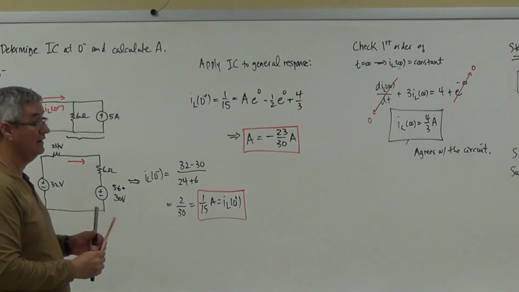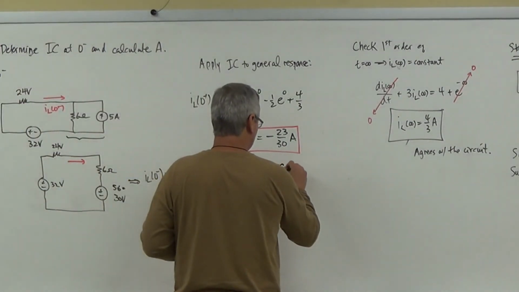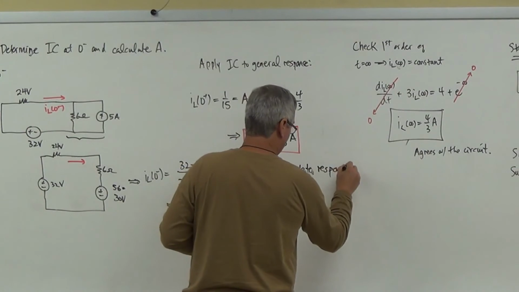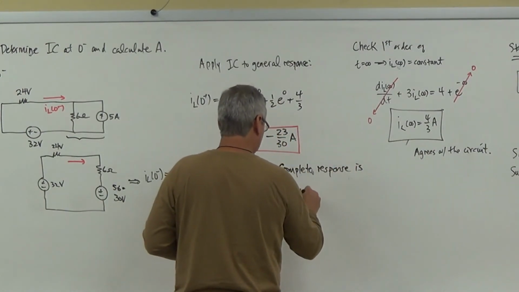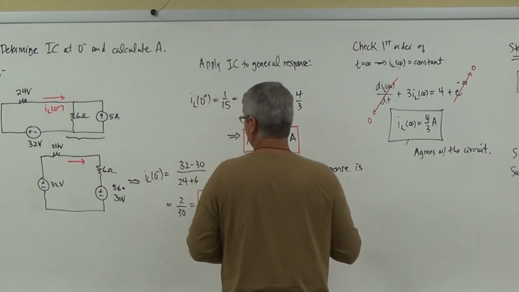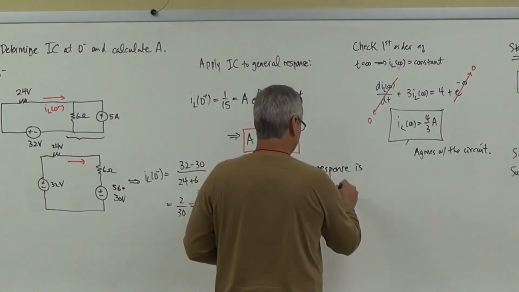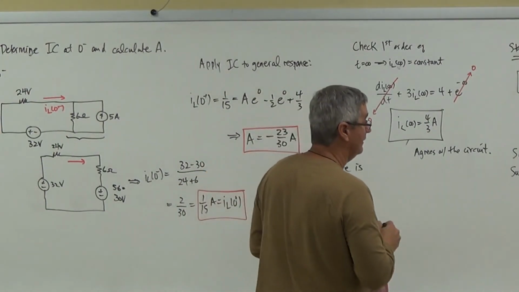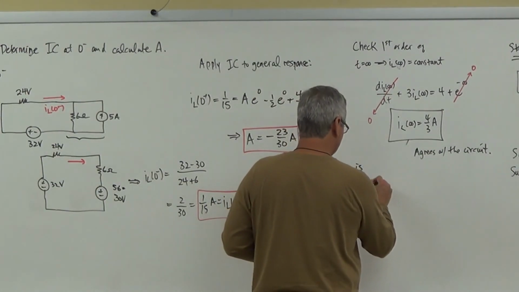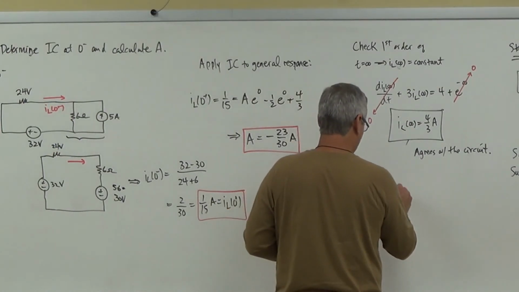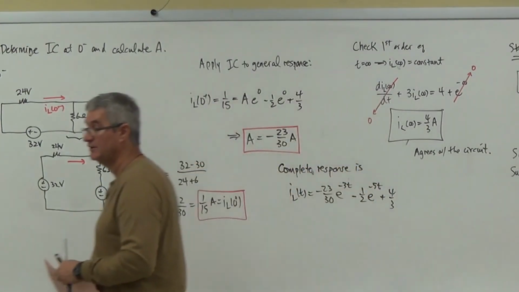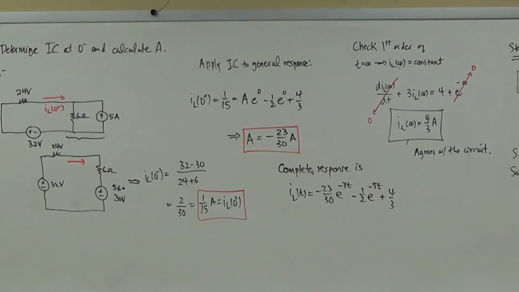That means the complete response is IL of t equals minus 23/30 e to the minus 3t, then minus 1/2 e to the minus 5t, plus 4/3. If that's my solution here, I then need to go solve the circuit problem.